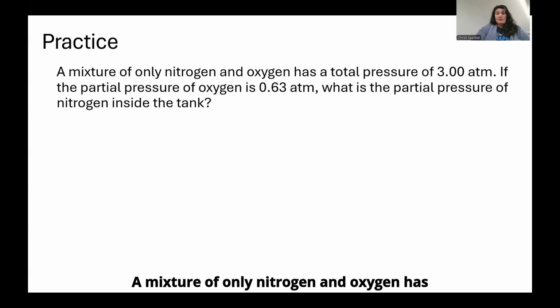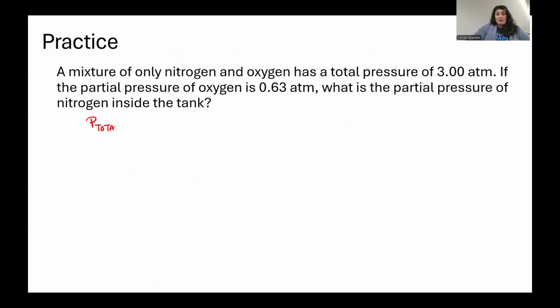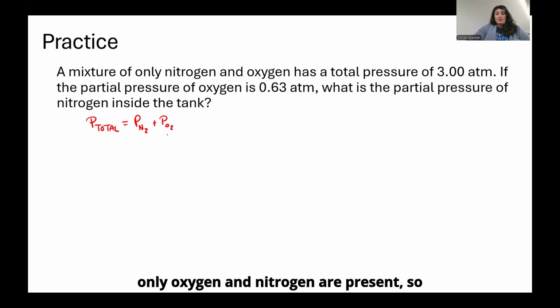A mixture of only nitrogen and oxygen has a total pressure of 3 atmospheres. If the partial pressure of oxygen is 0.63 atmospheres, what's the partial pressure of nitrogen inside a tank? So we know, due to Dalton's law of partial pressures, the total pressure inside this tank is going to equal the partial pressure of nitrogen plus the partial pressure of oxygen. And only oxygen and nitrogen are present, so that's the only things that make up this mixture.